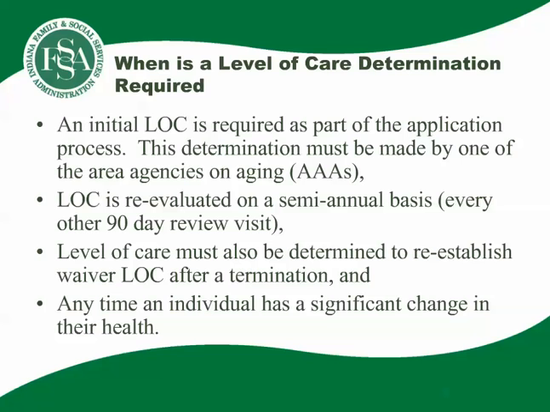Once that's done, then the individual has freedom of choice in who their case management provider will be. We then reevaluate level of care on a semi-annual basis at a minimum. So that means if you're required, and you are, to make 90-day review visits with waiver recipients, essentially every other 90-day review visit, you're going to be redetermining their level of care.